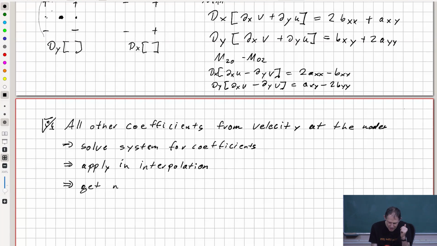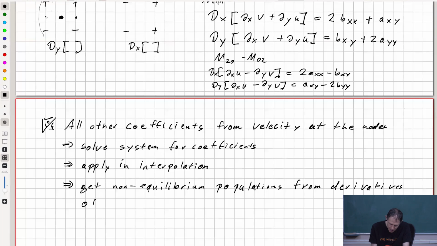So we get the non-equilibrium populations from the derivatives of the interpolation function.